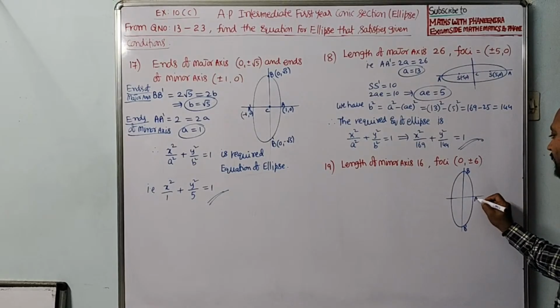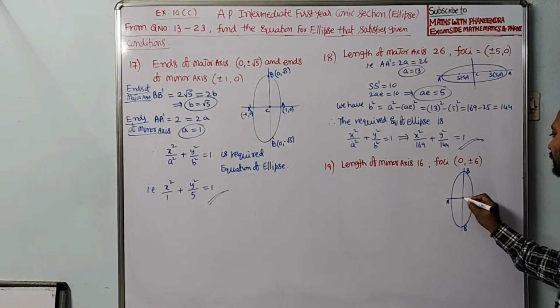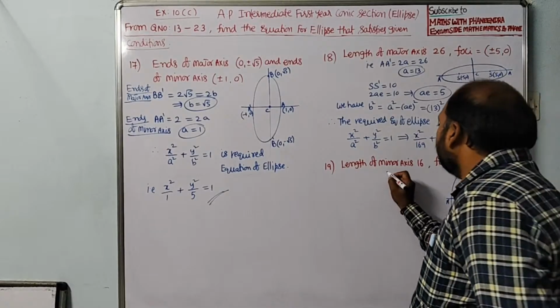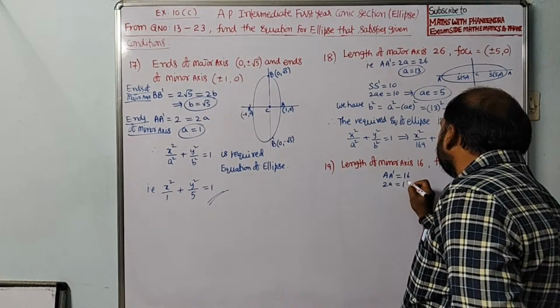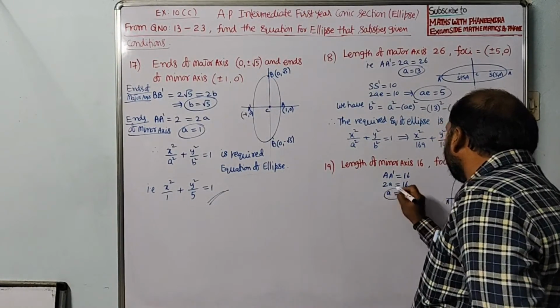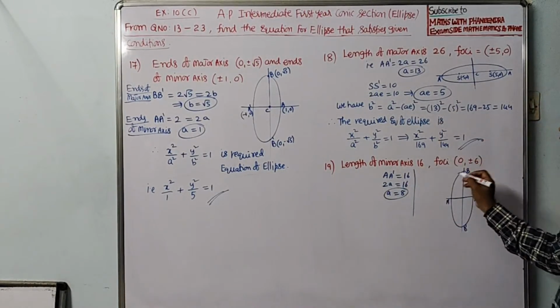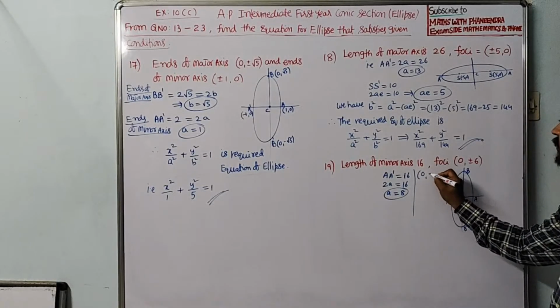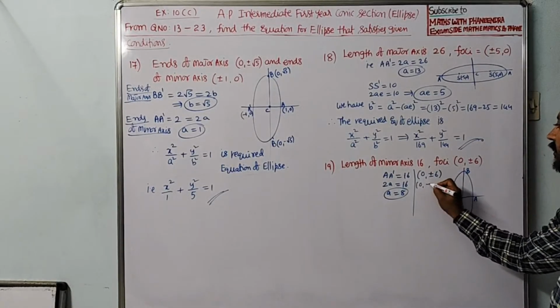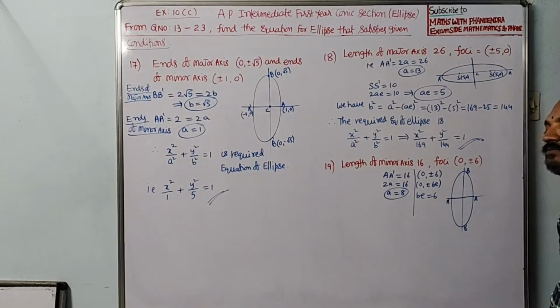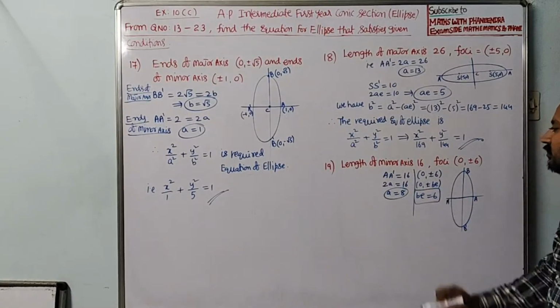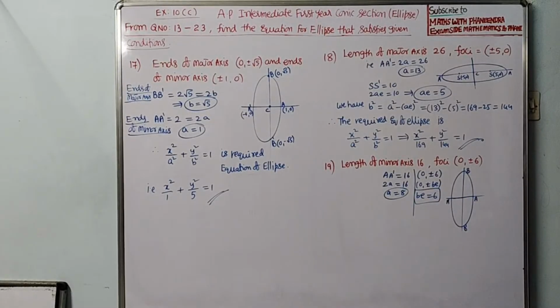Minor axis length A dash is equal to 16, so 2A is equal to 16, A is equal to 8. Similarly, foci coordinates 0, plus or minus BE, so BE is equal to 6. So BE value we know.